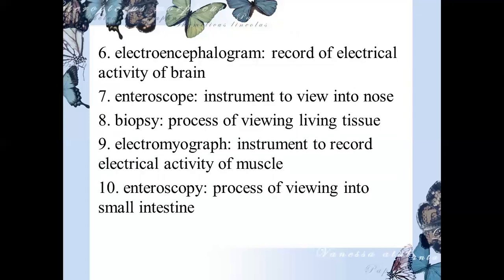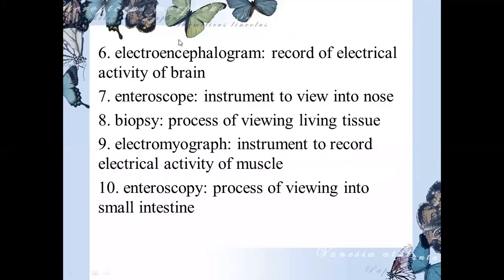Next. This is a long word, the sixth one. Electroencephalogram. This long word is composed of three parts. Electro is one combining form meaning activity, electricity. Encephalo is another combining form meaning brain.